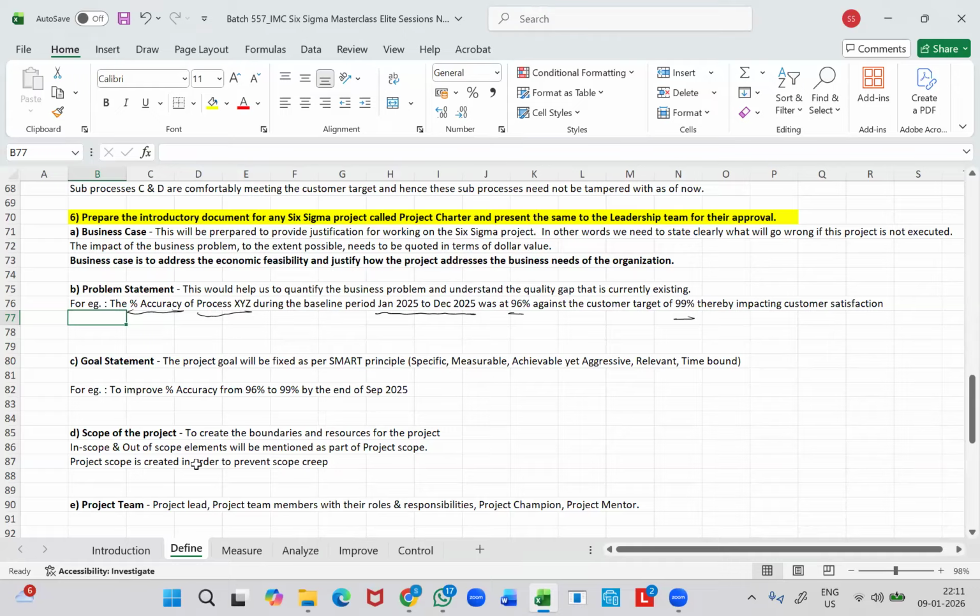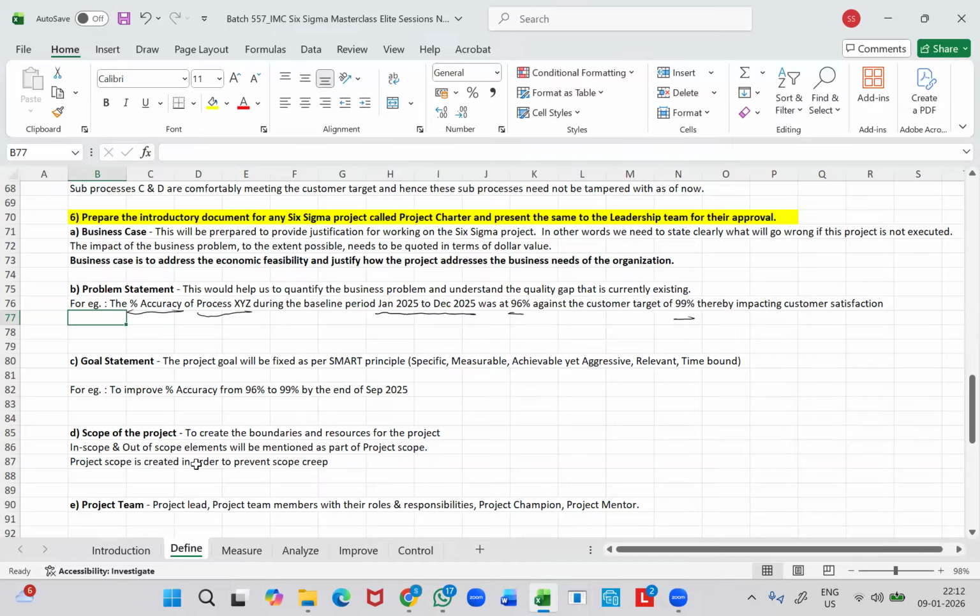So I'm saying achievable yet aggressive. Why? Because if it is something that can be easily achieved, then we will not call that a Six Sigma project. Say, for example, if your current performance is 96% accuracy, so you're fixing a target as 96.2% accuracy. Is it an aggressive target? No doubt it is an achievable target.